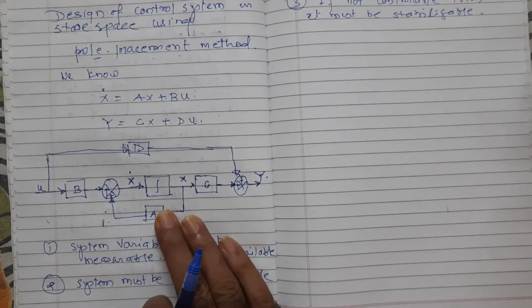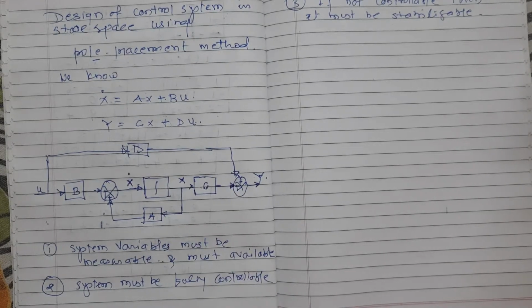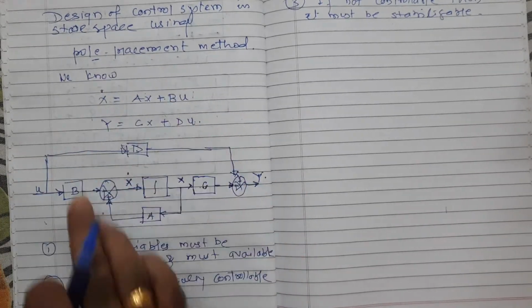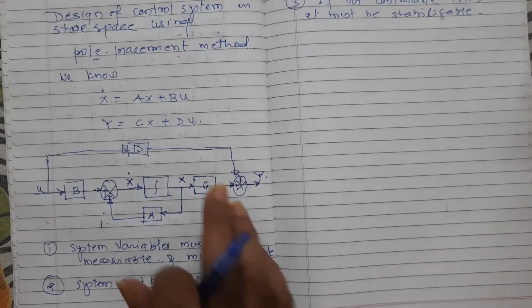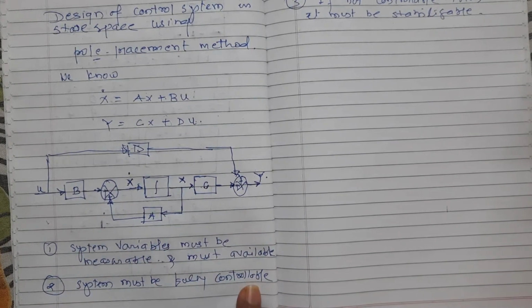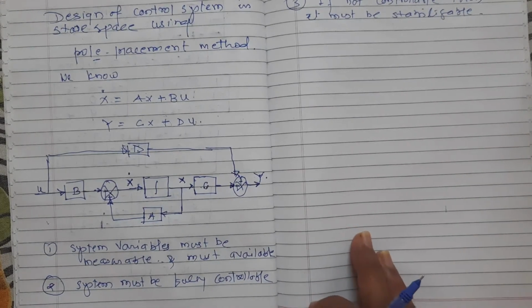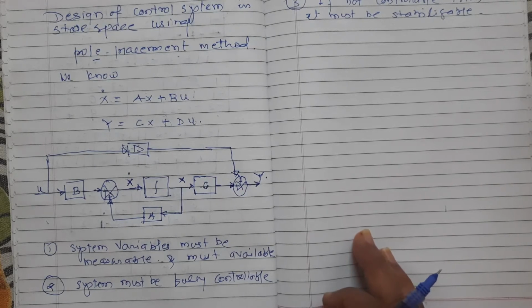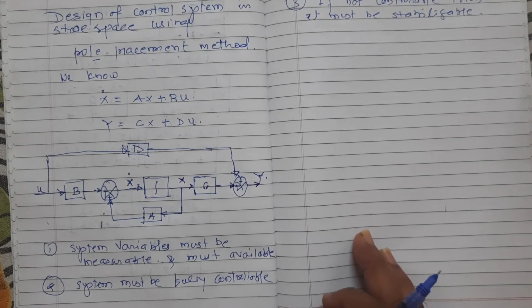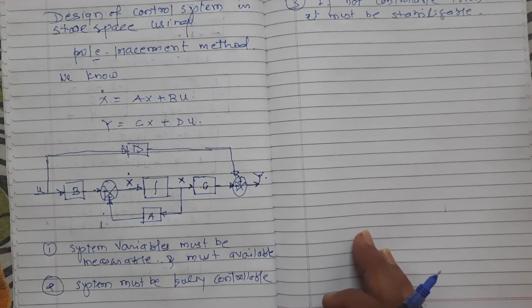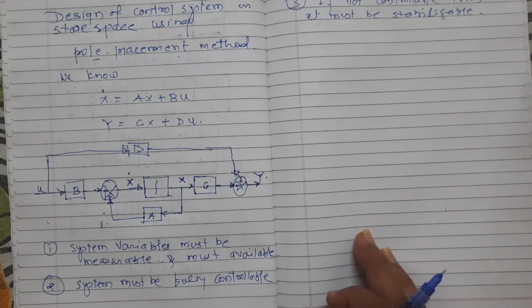Then, if the system is controllable, that means I can put the poles at any desired location which I want, and then we can find the state feedback gain matrix, by using which we can put the poles at any desired location.